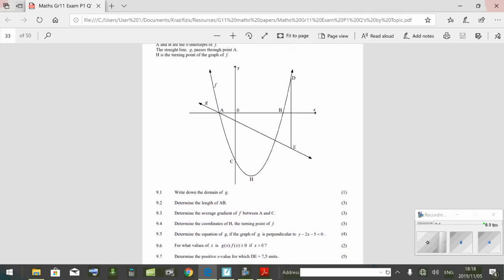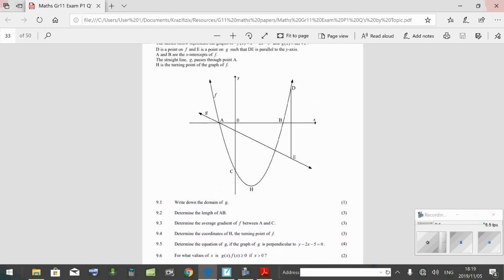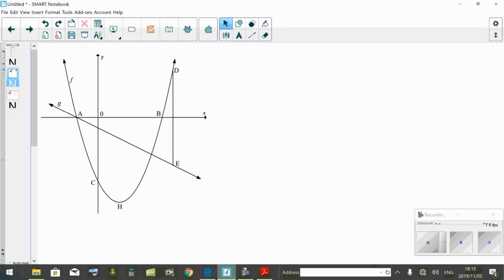Now the first question asks us to write down the domain of G. So G is our straight line. Now to find the domain, we can reason it like this. If we were to draw a line vertical from the x-axis, are we going to encounter the graph?